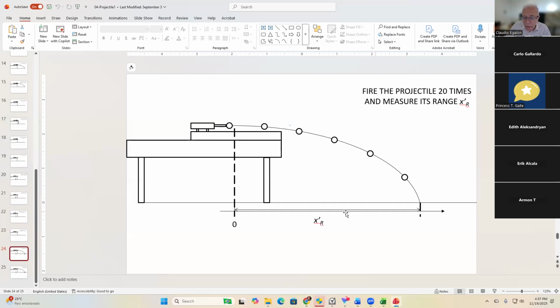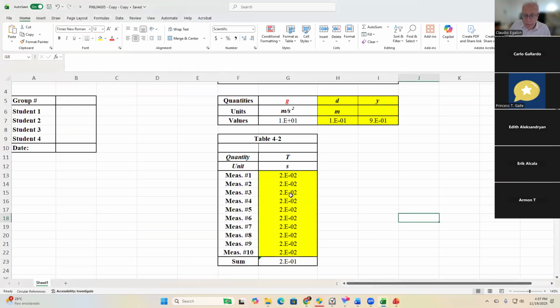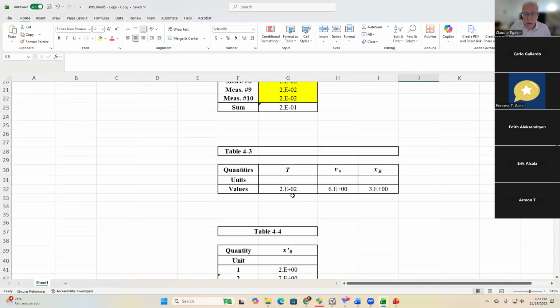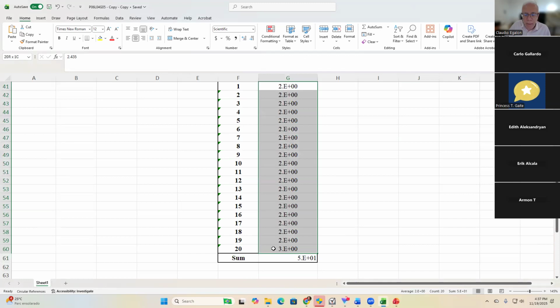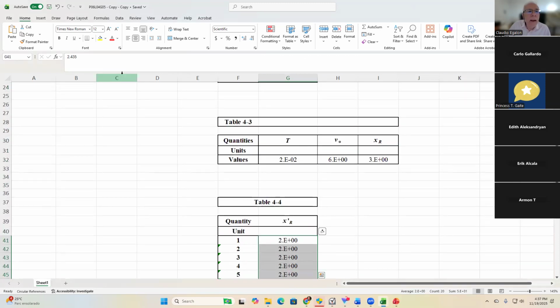That's the range, another important measurement that we're going to do. We do a total of 20 ranges. Let me highlight with yellow to remind you that this is a measurement.